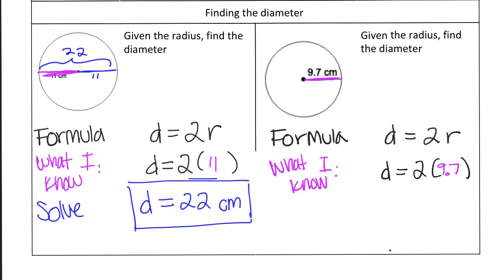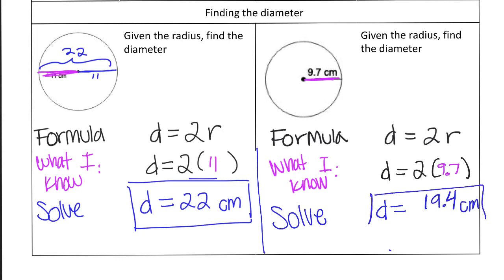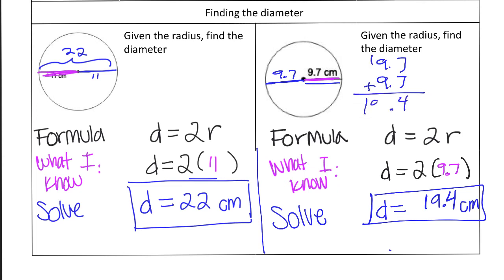And then I'm just going to multiply and solve. Two times 9.7 is 19.4 centimeters. Okay. You can also see that if this is halfway, I need another half to get the full way across. So I'm just going to add them together. And I also get 19.4.